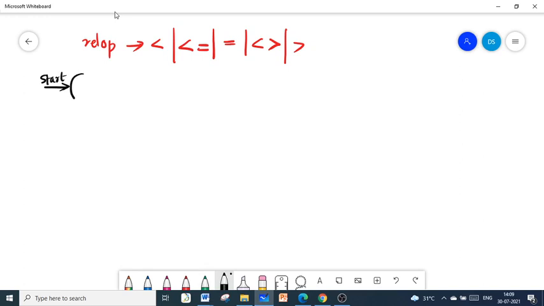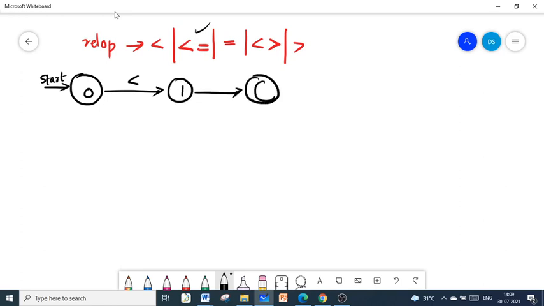Start state is indicated by like this, 0th. So first is either it will accept less than or equal to. So I am indicating the state like this, less than or equal to. Here it will return relational operator and less than or equal to.